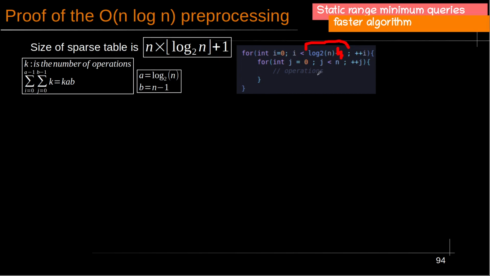If we use this formula from the previous slide, our f(n), the function of the number of operations for these two nested loops, is K times n times log base 2 of n minus K times log base 2 of n.